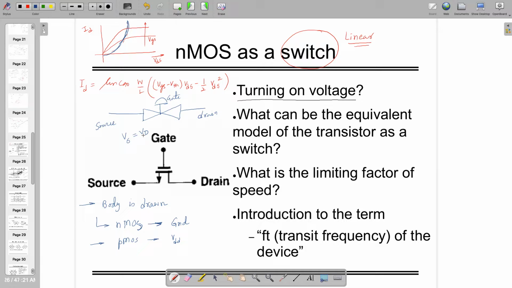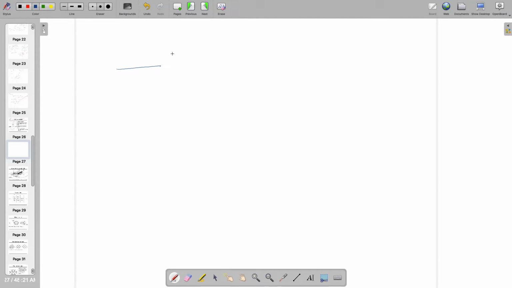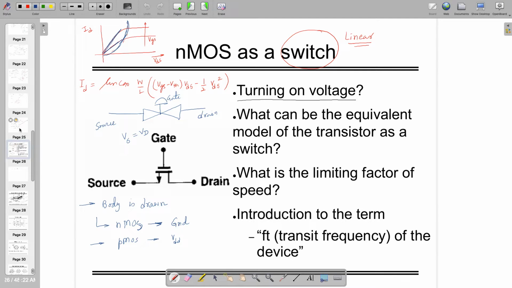If I am drawing the equivalent model of such a transistor as a switch, I want that if it is on, it's a short circuit. But this is not possible. You are going to connect it with some path, so there has to be some resistance, and I'm expecting this resistance to be 0, right? And similarly, if you are operating this at high frequency, all the parasitics will be on.